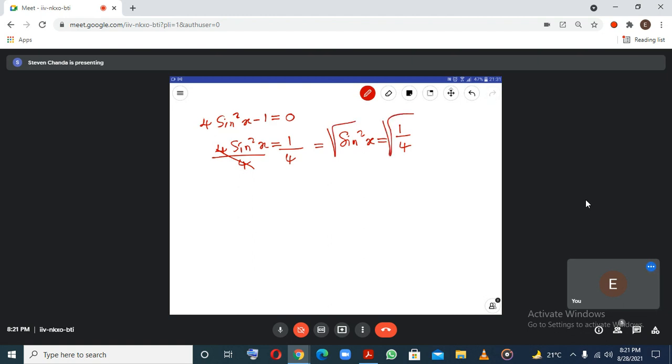Now remember, whenever you take a square root of something, you are going to have a plus or minus. Plus or minus half, isn't it?